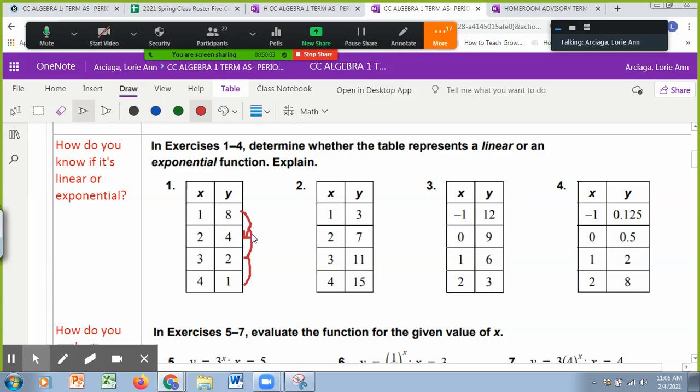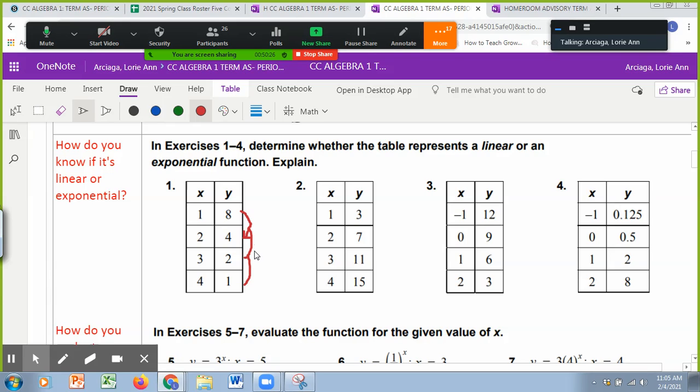Subtract 4, but do I also subtract 4 to get to 2? If not, then we have to change. If you subtract 4, it may be true for the first, but not for the next one, so that's not the answer we're looking for.